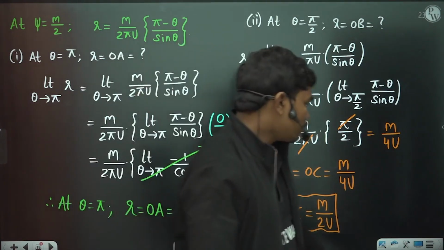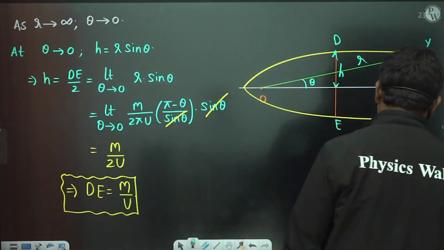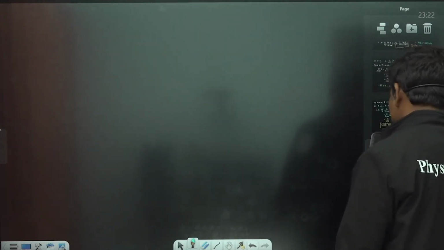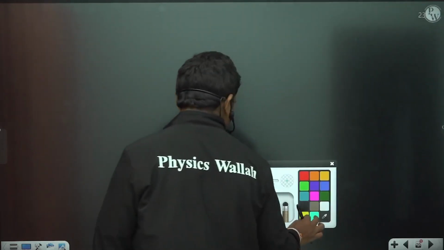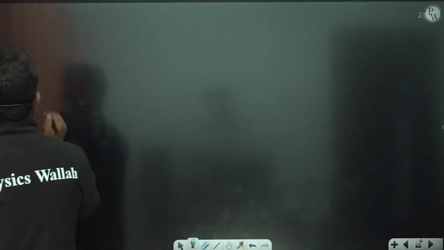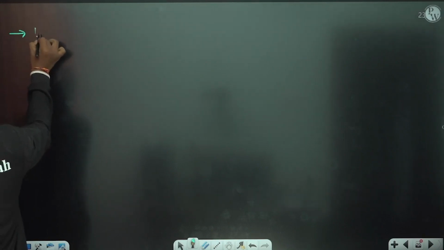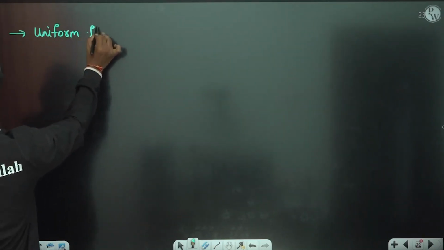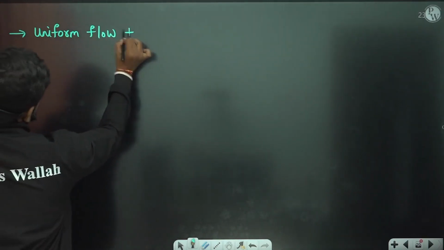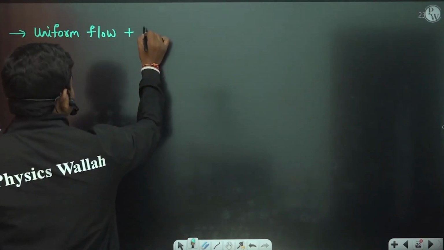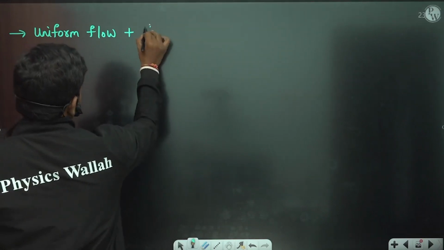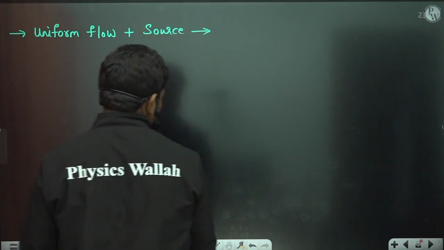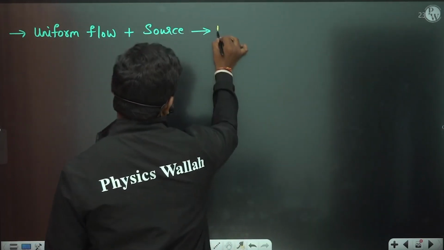Right, so if you summarize the result, in the superposition cases we have discussed today, uniform flow plus source gives you the case of flow past a Rankine half body.